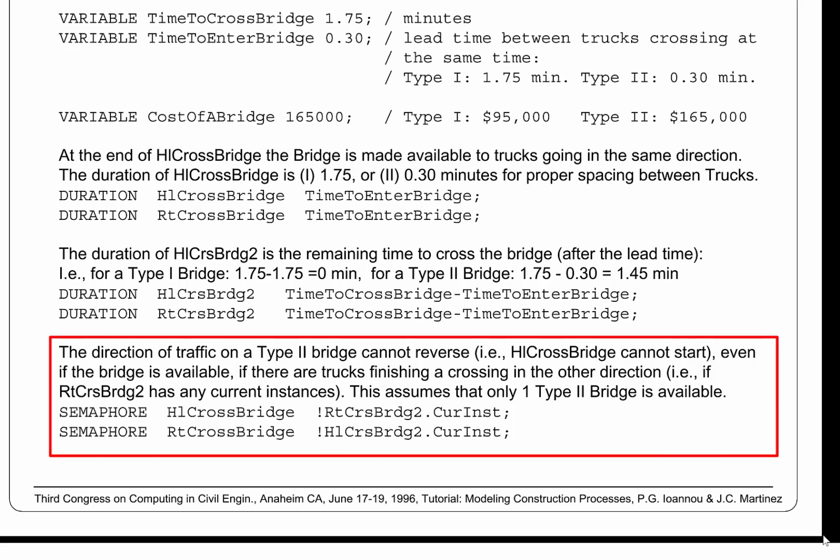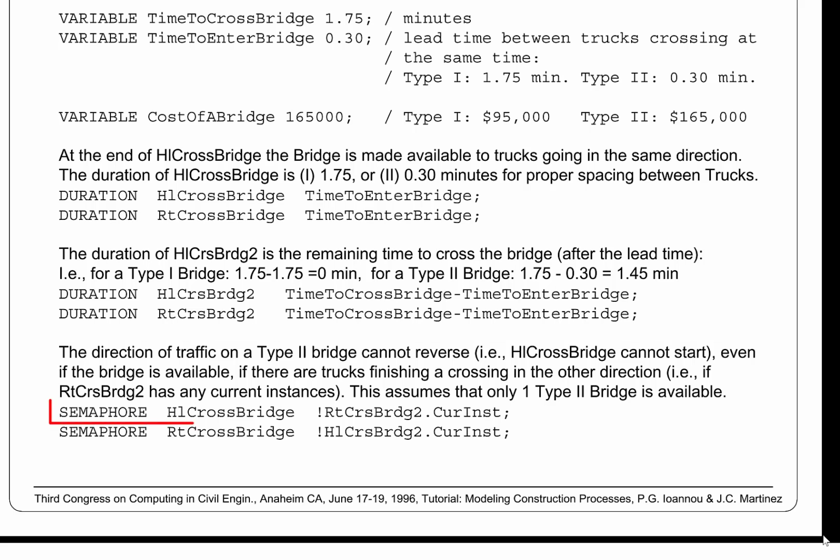The important statements in this model are the last two that define the semaphores for activities whole cross bridge and return cross bridge. The formula for the first semaphore for activity whole cross bridge is the logical NOT of the current instances of return cross bridge 2. This formula prevents whole cross bridge from being able to create an instance if there are any trucks finishing crossing the bridge in the returning direction.